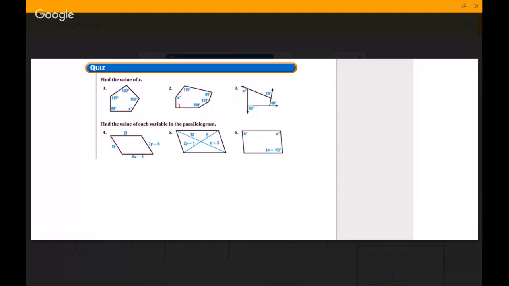All right. So number 4, you said 4, right? Yes, ma'am. All right, number 4, you have a parallelogram because it tells you. And so in a parallelogram, what do you know about the sides? That 6x times 3 is going to equal 21.